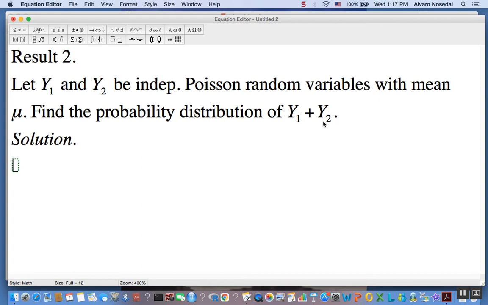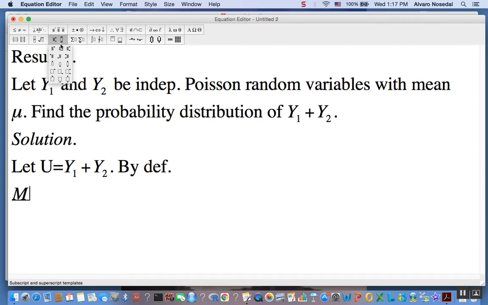Okay, so let's do that. So let's define u. We're going to be using the letter u to refer to that new random variable, y1 plus y2, right? And we're going to proceed as we did before for the first result. By definition, the moment generating function of now this variable u is going to be just the expected value of e to the power tu.